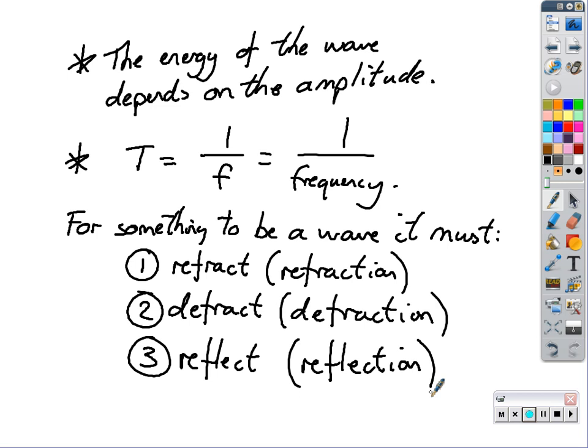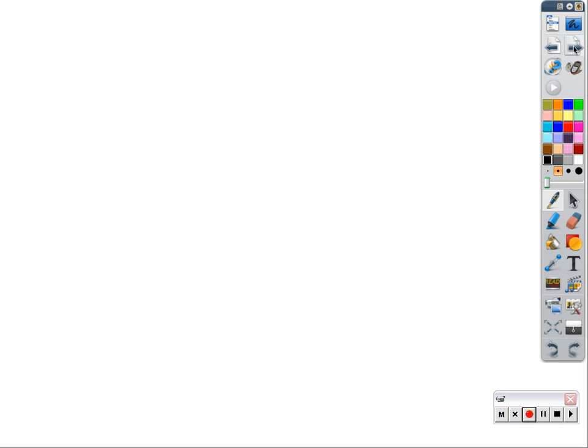Interference. So the fourth property of a wave is interference.